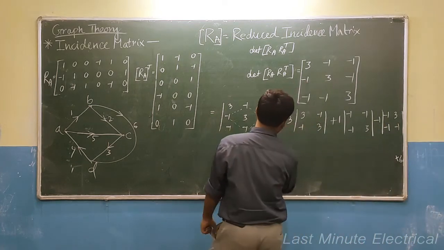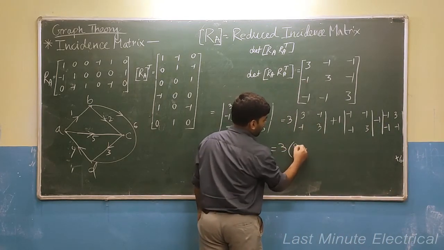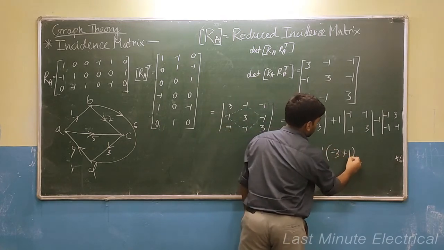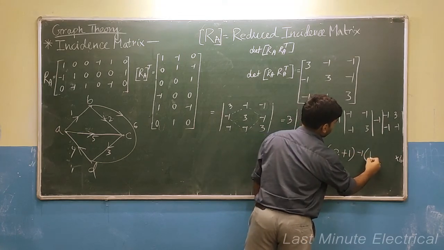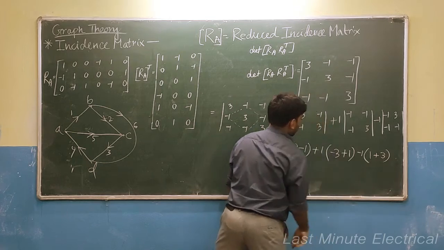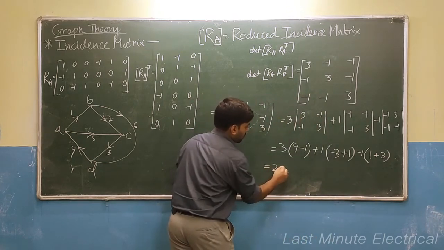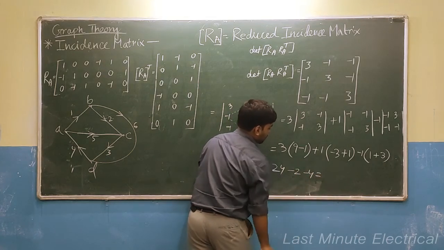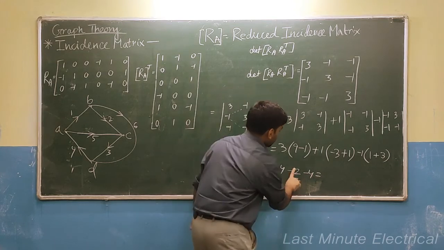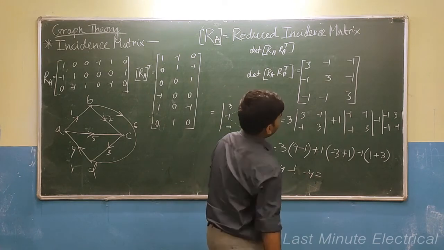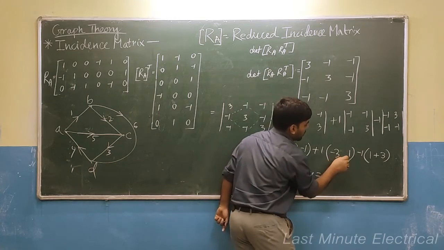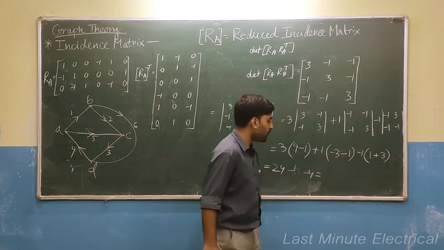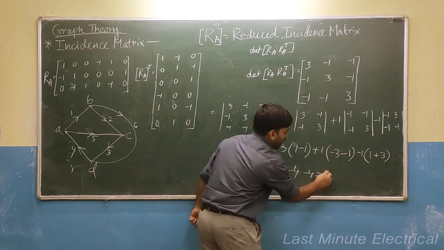How much is it? See, 3 into 3 minus 1 is 8 ... so this will be -1, -3, -1 -1 +1, so this is -4, and your answer will be 16.